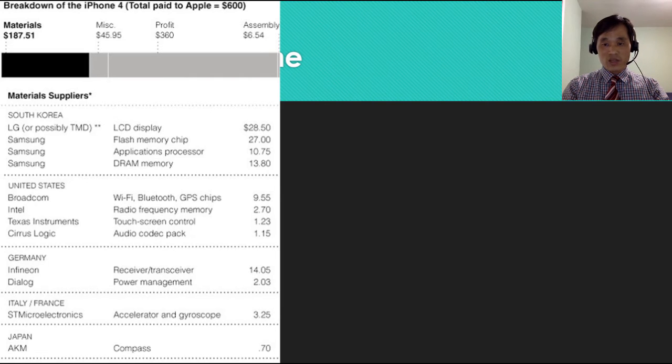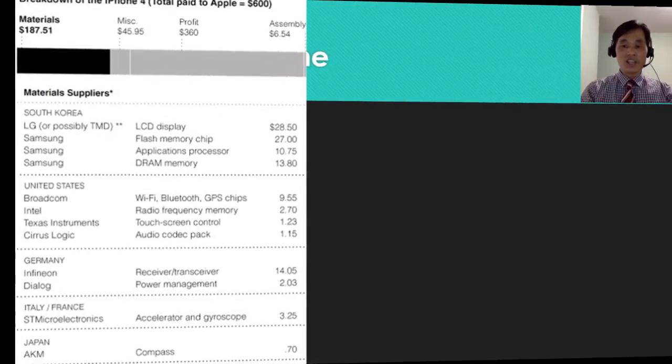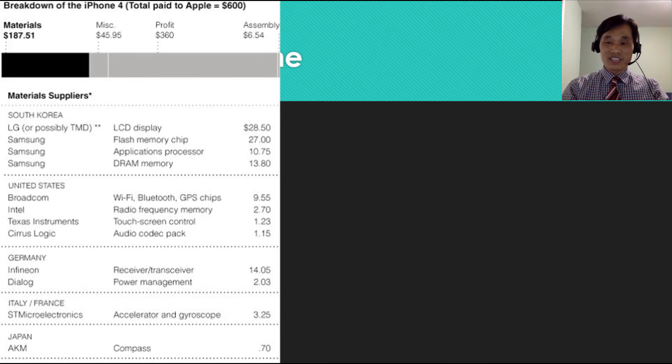Take a look at where those components are from. From South Korea are the LCD display, flash memory, applications processor, and DRAM. From the United States are Wi-Fi, Bluetooth, GPS chips, radio frequency memory, touchscreen control, and audio codec pack.